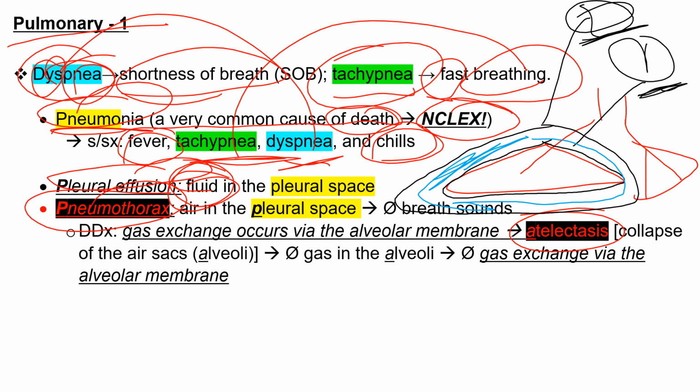Now, by the way, please go back to your anatomy of the heart and remember that epicardium is the same thing as your visceral pleura. It's also got a very similar name, visceral serous pericardium. And the parietal pleura is continuous with parietal serous pericardium.